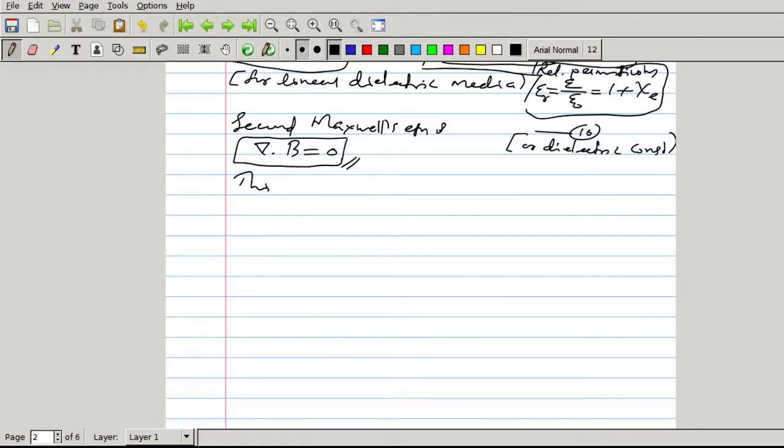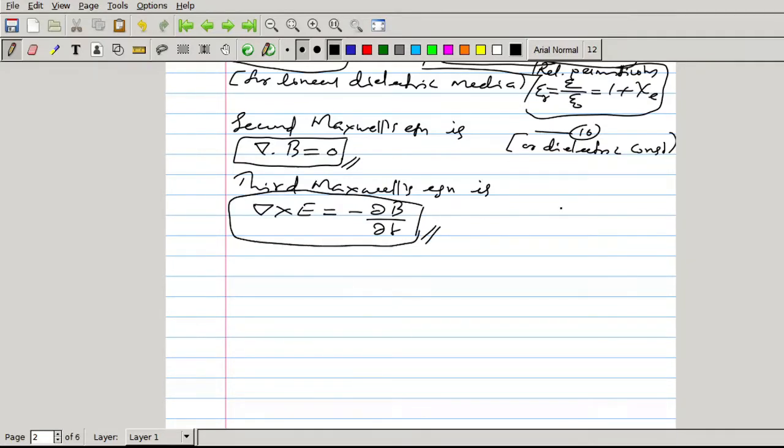This is the second Maxwell's equation. The third Maxwell's equation is del cross E equal to minus dou B by dou t. There is no change in that equation.